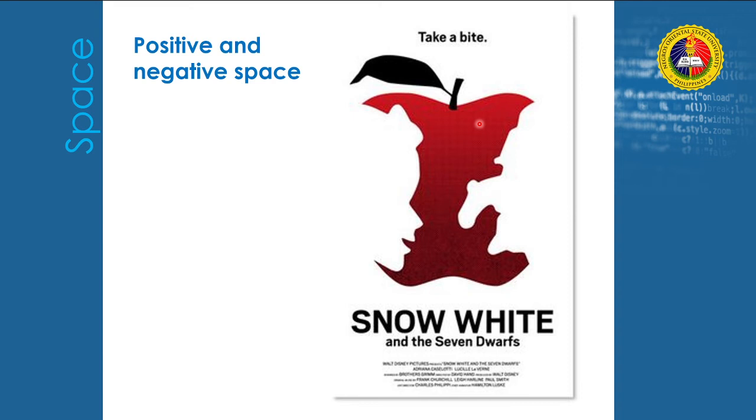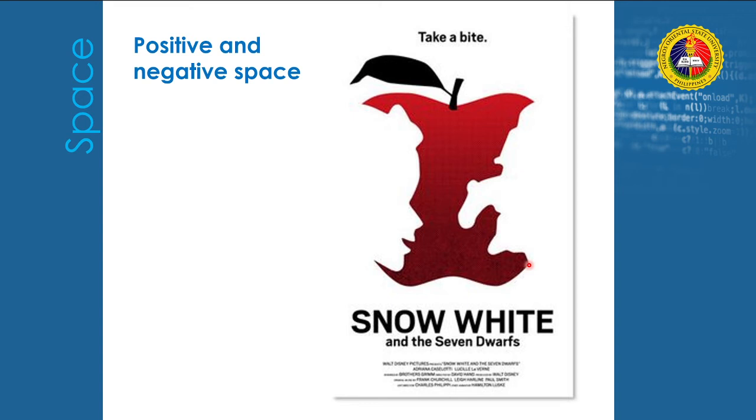The negative space is kaning Snow White o kaning witch. Again, always remember that the negative space refers to the empty space in which the main focus is missing. Kung wala gani ang visual element diya dapita, so that is the empty space or the negative space.